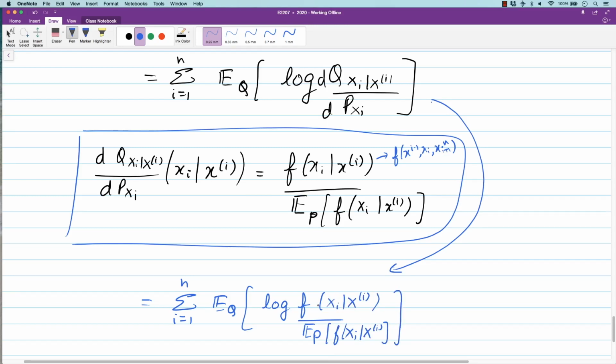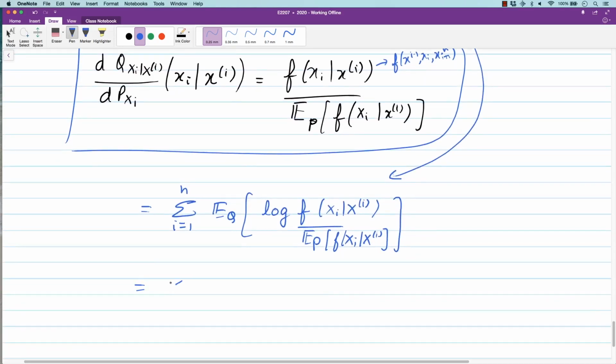So if you look at this quantity here, this would look like summation i equal to 1 to n, expected value under p of f(x), and we have assumed that the expected value of f is 1, so there's no division required, log, and this f(x) we can write as f of x_i given x_{-i} log f of x_i given x_{-i}.